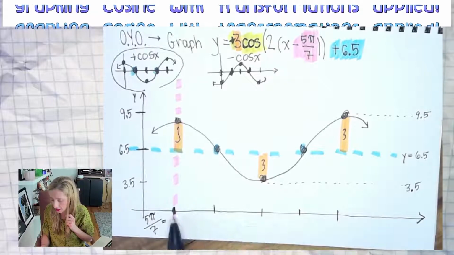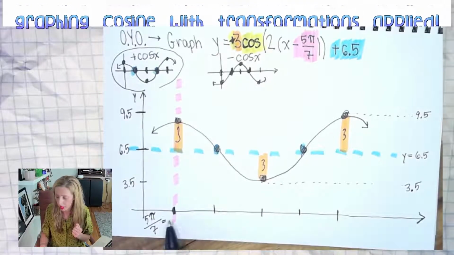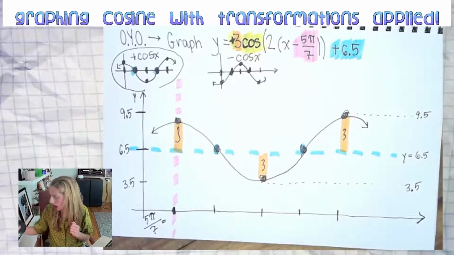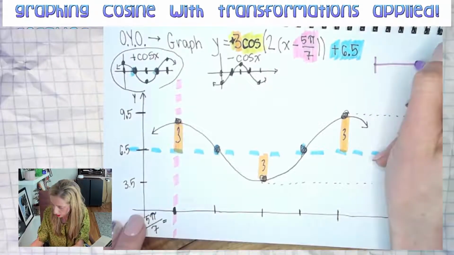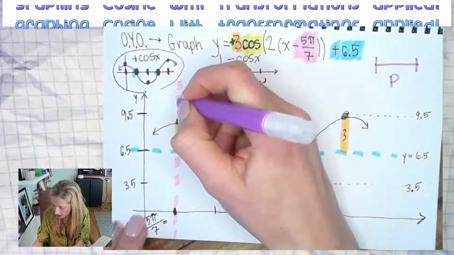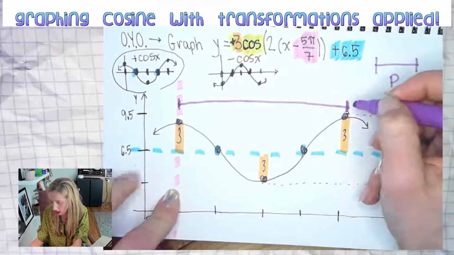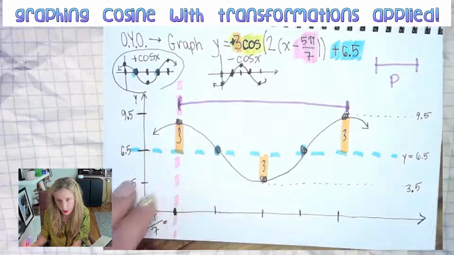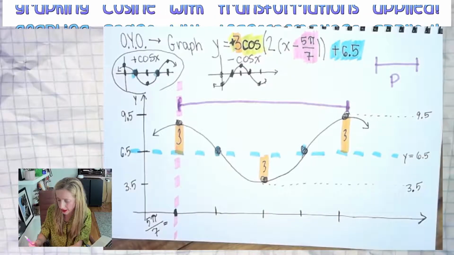The distance from start to finish is the period. That's how long the period is. I did purple for the period. That's the period. So I will demonstrate that right over here. Okay? Right over there. And that is the whole period.